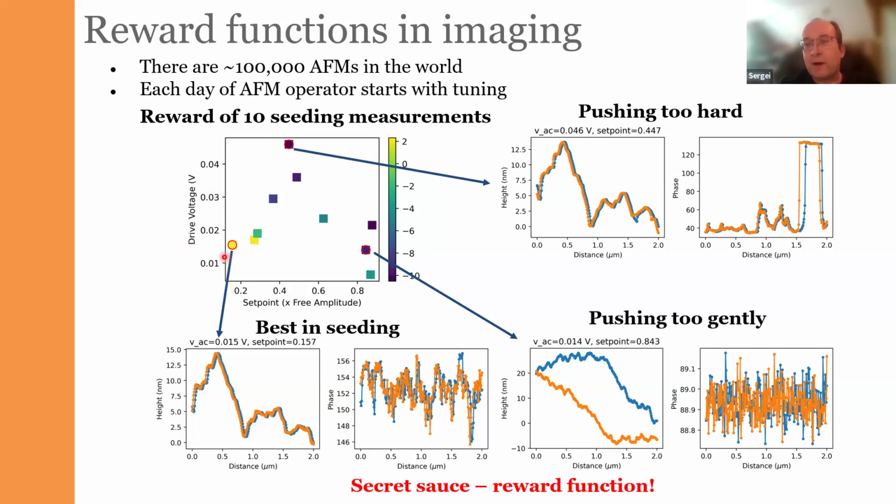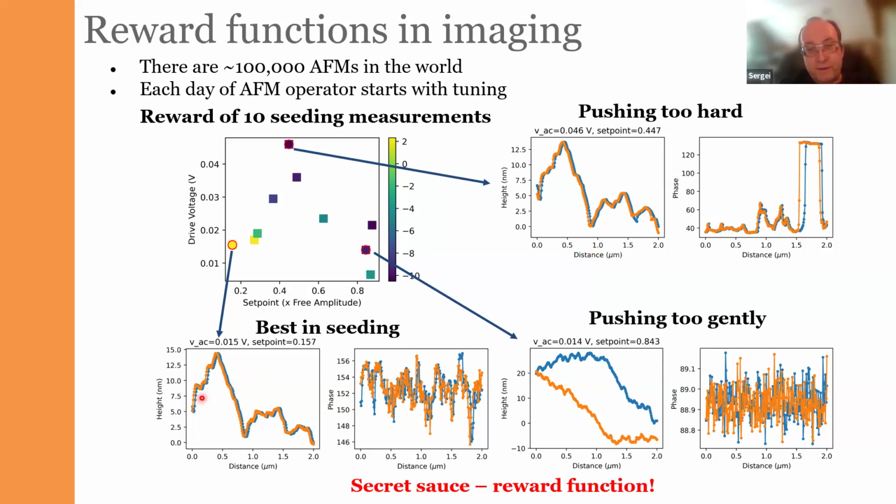If we take these parameters together, then the parameter space for imaging is very well defined. This is just about a 5 to 6 dimensional parameter space, and each person running AFM starts the morning by finding the right place in this parameter space to run the experiment. And the signatures of the microscope behaving well or not so well are reasonably known.